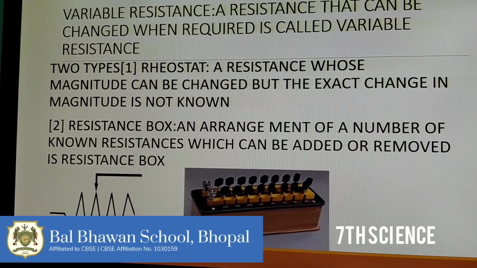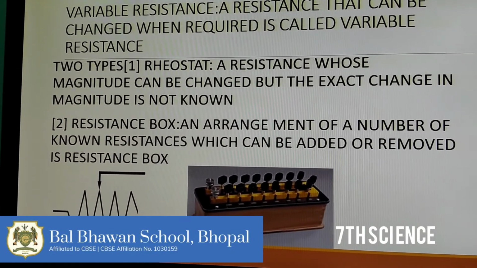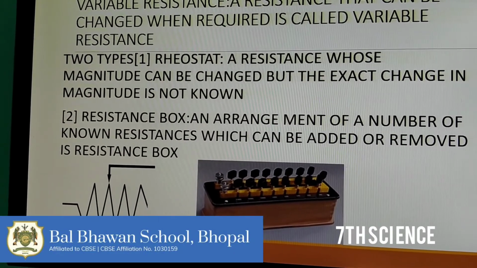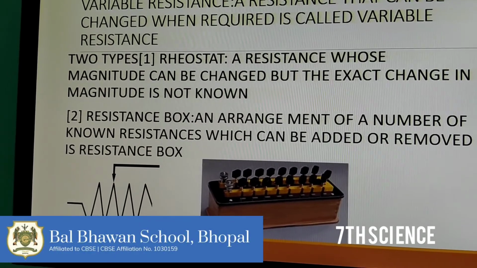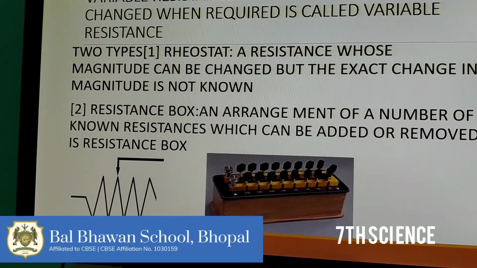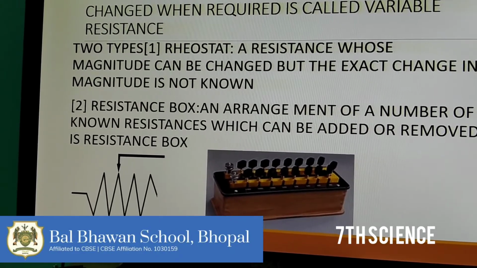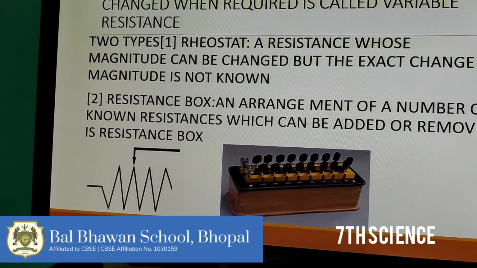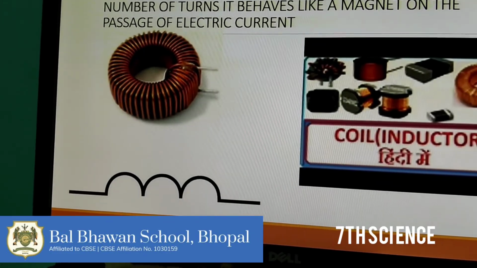Resistance box, an arrangement of a number of known resistances which we can add or remove. Such an arrangement is called a resistance box. Now in the given slide, you can see the resistance box along with the symbol of rheostat.